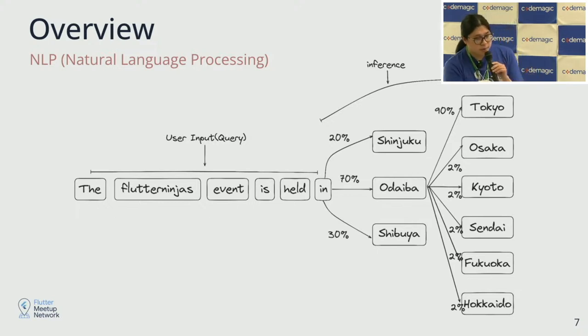As shown in the diagram, if the input is "FlutterNinjas event is held in", the next word is predicted and output through probabilistic calculations. A usual example of NLP application is the autocomplete feature you commonly use in Google search.